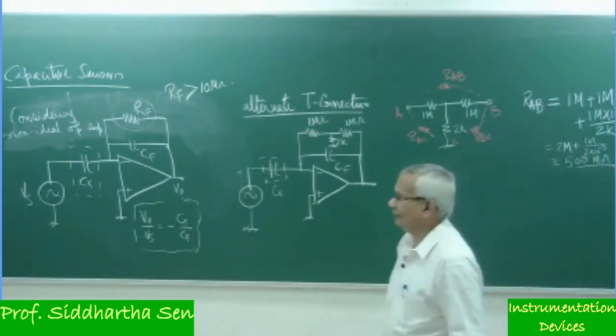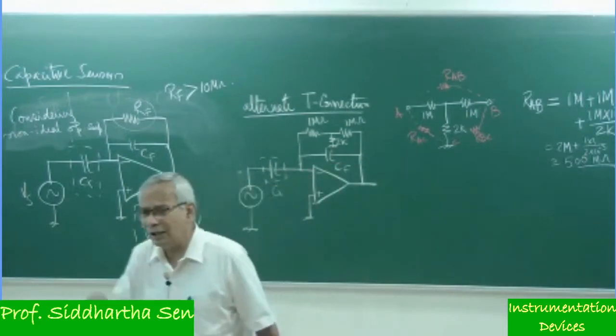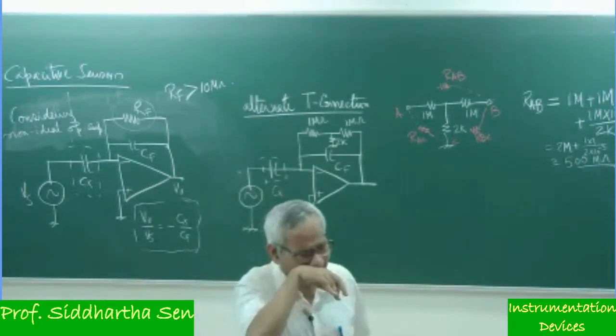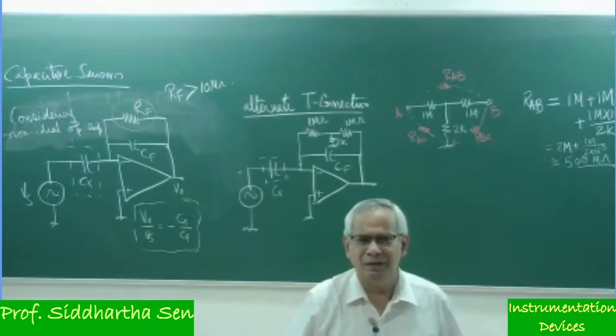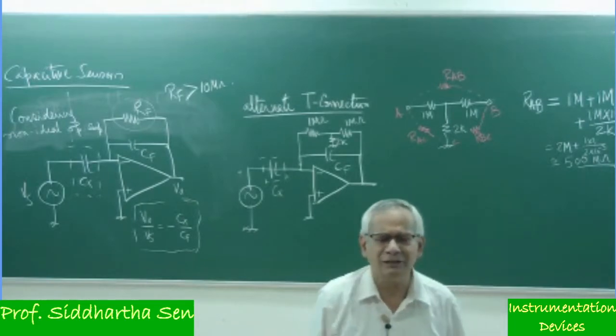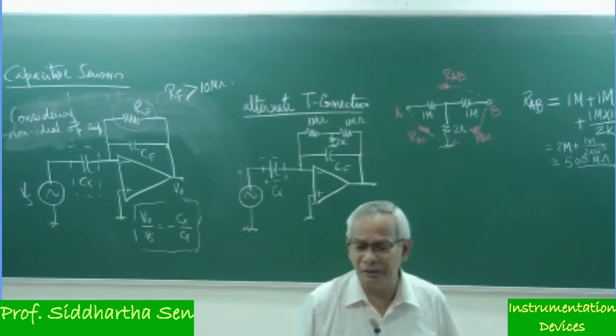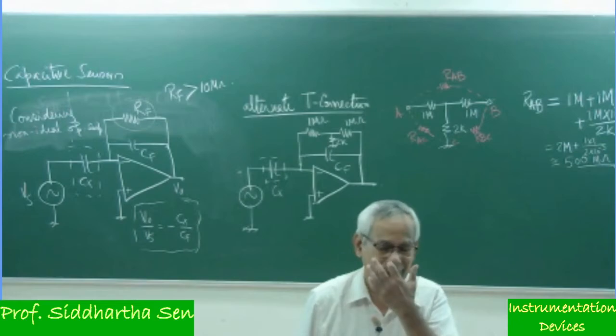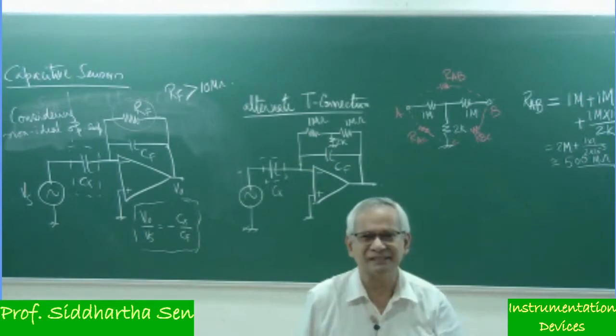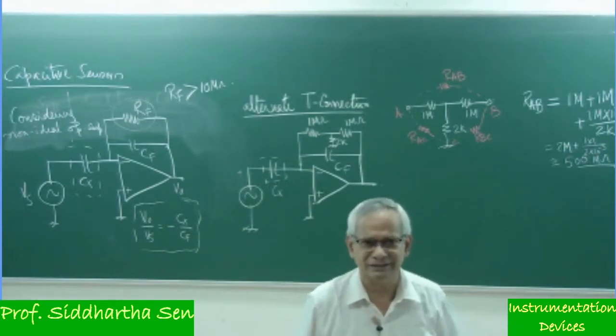So that is the thing, interestingly. You are using simply 1 megohm resistance. By employing a star-delta configuration, you can say that it is equivalent to a 500 megohm. We are being able to generate a 500 megohm equivalent resistance in this case.